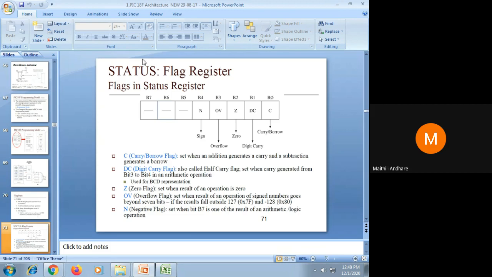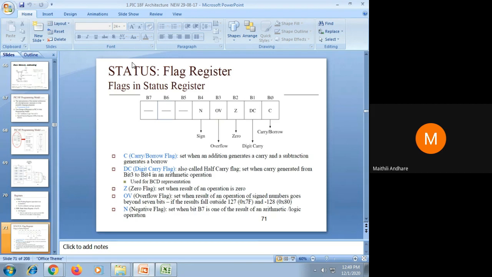Then, for the architecture of 8051 and the architecture of PIC microcontroller, you should do a comparative study. You should list out what is common and already known, and what is different in PIC microcontroller that is not available in 8051. Then there will be no confusion between the two architectures.